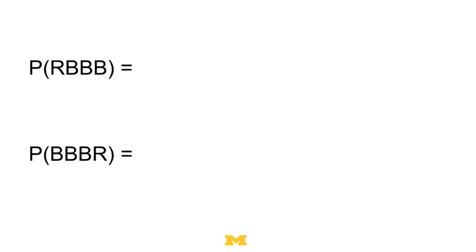So when I start this out, I've got one blue and one red, so the odds of getting the red ball are 1/2. Now, after picking the red ball, I've got one blue and 2 reds, so the odds of picking a blue ball at this point are only 1/3. But after I pick the blue ball, I've now got 2 blue and 2 red, so the odds of picking the blue ball are 2 out of 4.